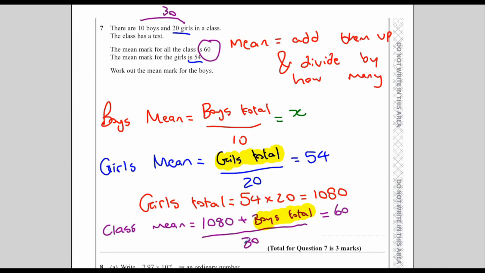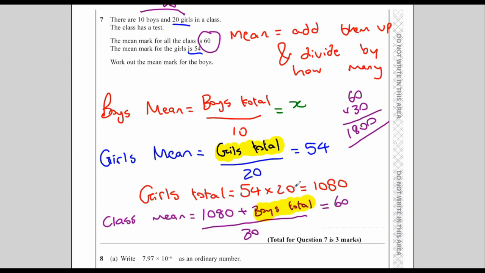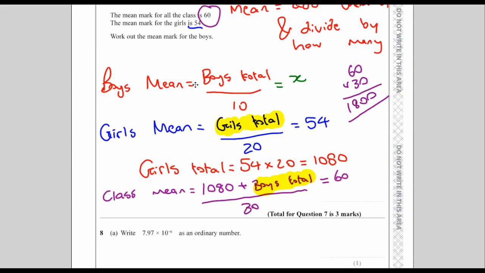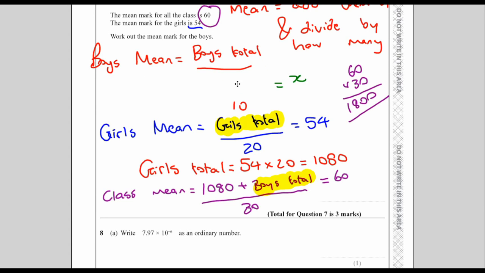So times by 30, 60 times 30. There's many different ways to do this. So 6 times 3 is 18, and you've got 2 zeros basically. So 1800. Going to run out of space a little bit, so let's move all these up if we can.